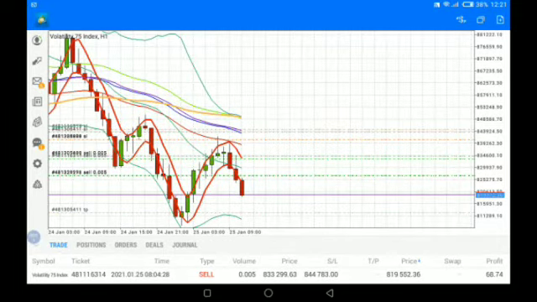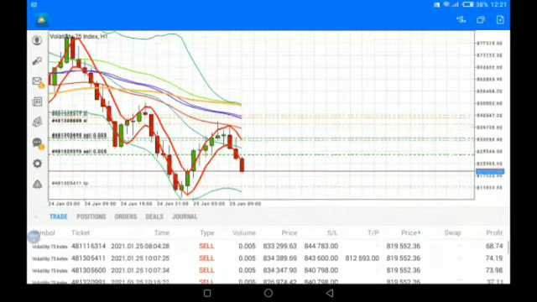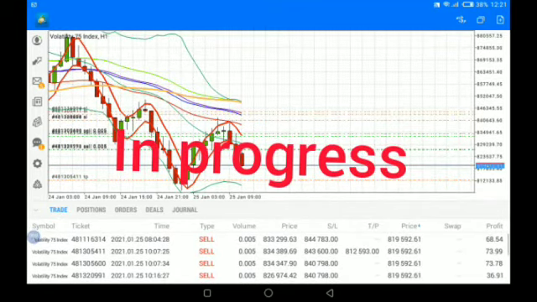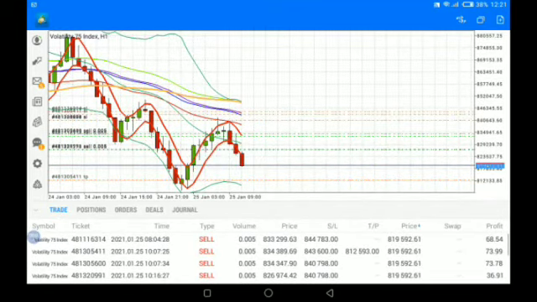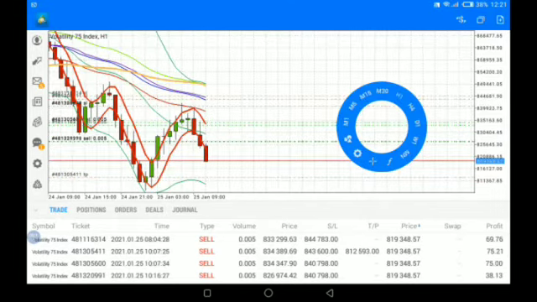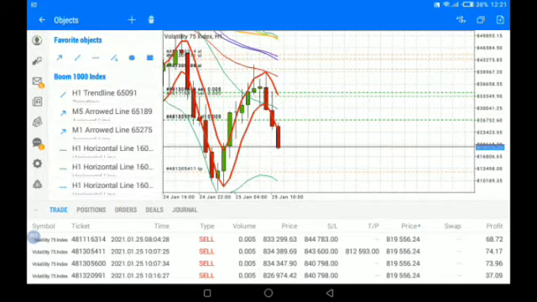You can see the progress of this trade. Price is approaching TP. Price is heading to TP.